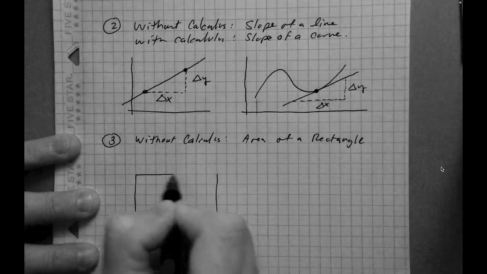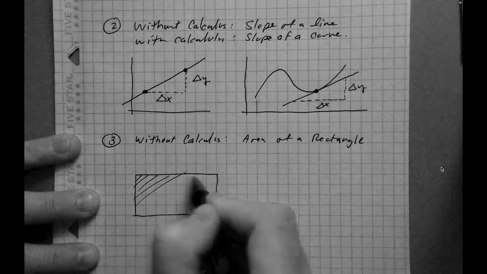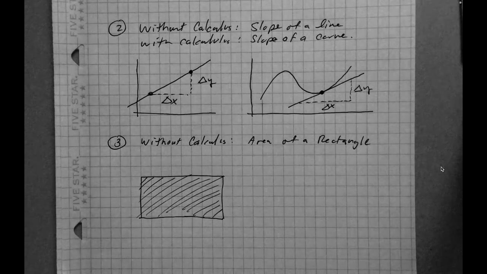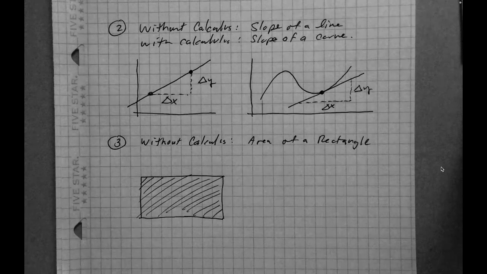We all know how to calculate the area of a rectangle, a square, a handful of other quadrilaterals. We can talk about special figures. We can obviously identify the area of circles and other kinds of polygons. But just a general curve eludes us, right?